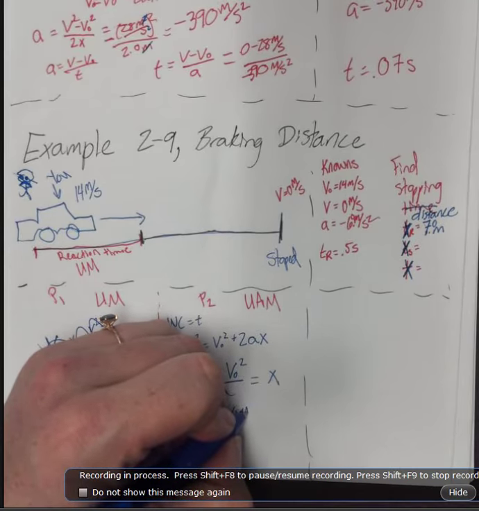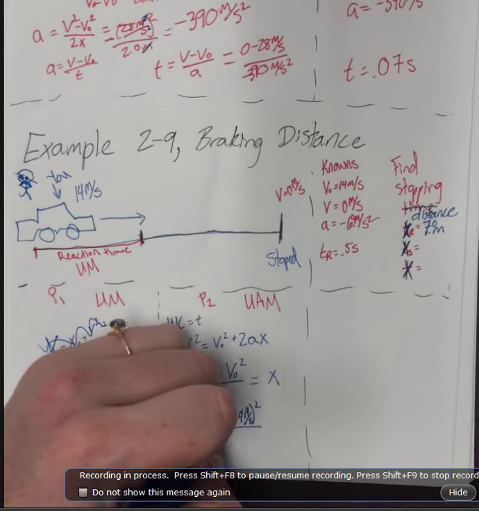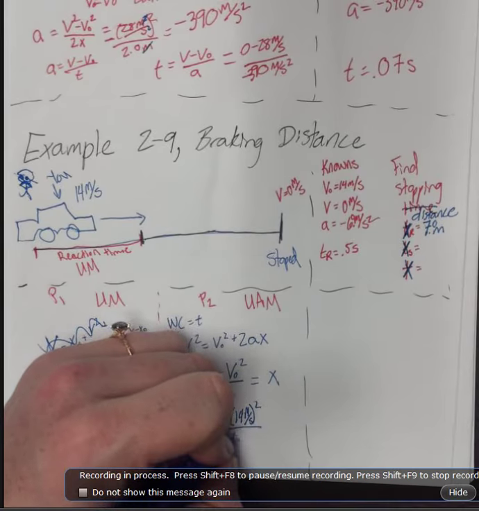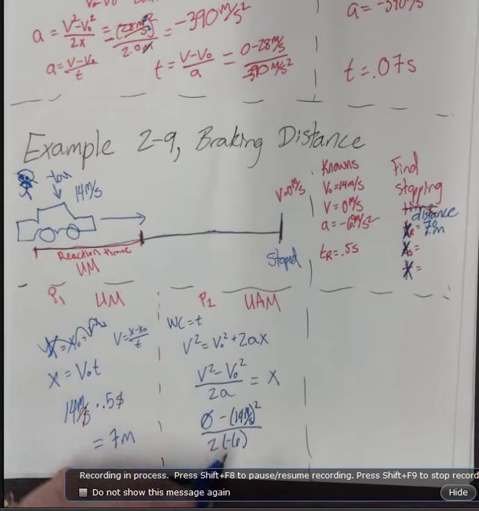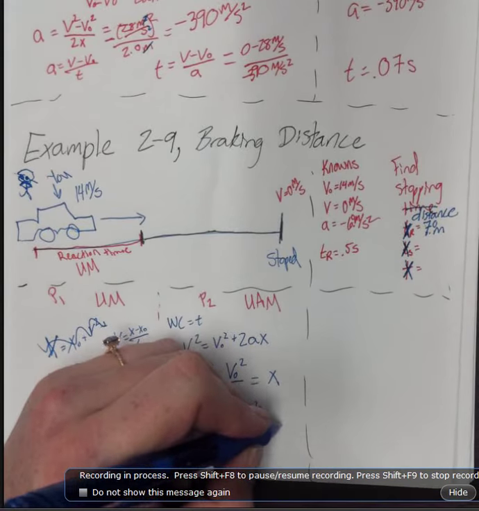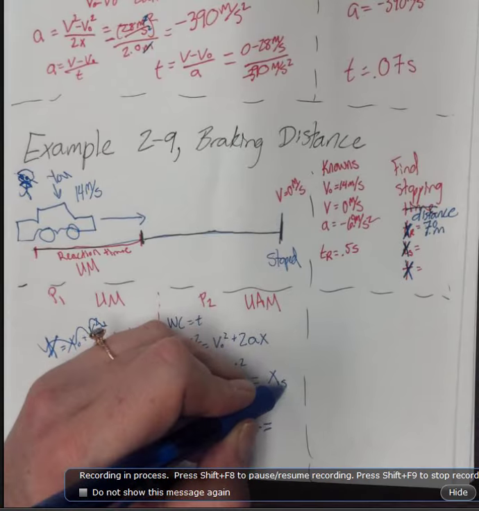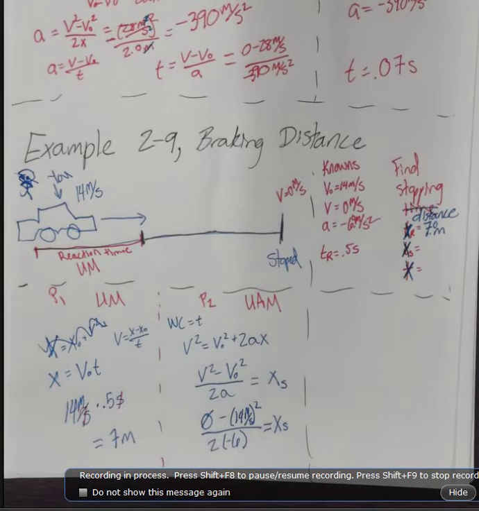So that's going to be 0 minus 14 meters per second, squared, all over 2 times negative 6. Notice that it's going to be a negative and a negative, so our final position answer here, the position of stopping, is going to be a positive value, and that positive value is 16 meters.